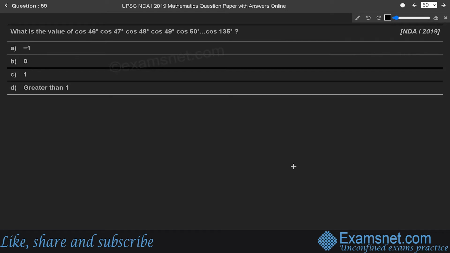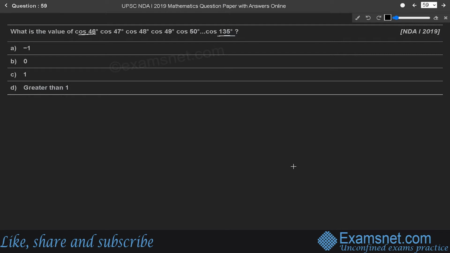Next question is, what is the value of cos 46, cos 47, cos 48, cos 49, cos 50, and so on up to cos 135? Clearly in the given product, there is cos 90, which is 0. Hence, the given product will be 0, because the series is from cos 46 to cos 135.